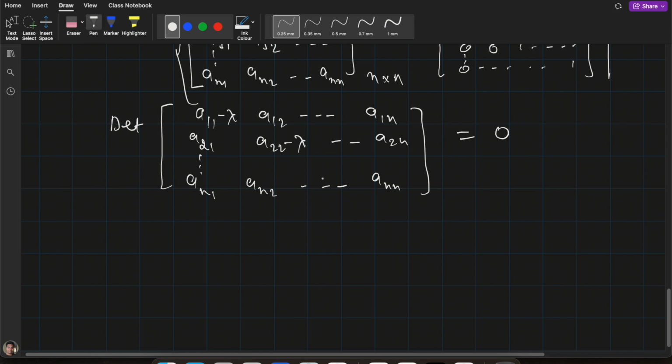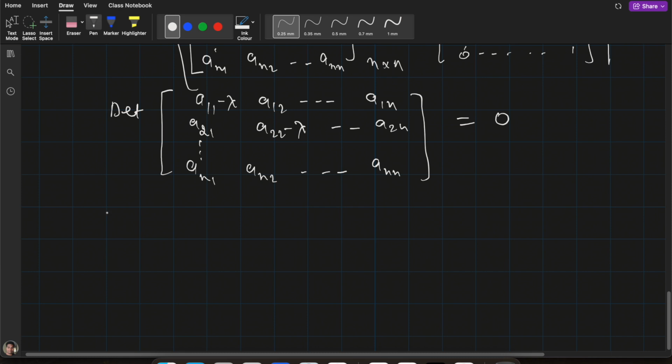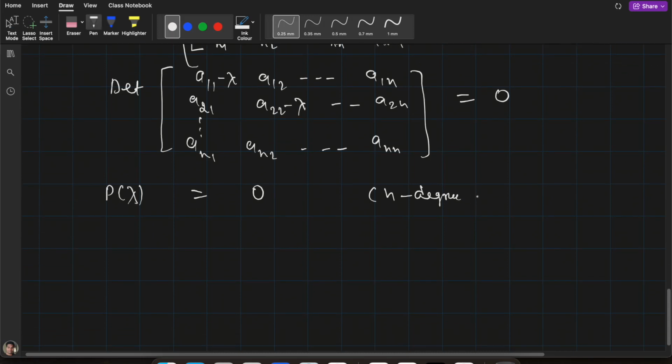Now, if you simplify this, you will get a polynomial of degree n. And what is that polynomial?